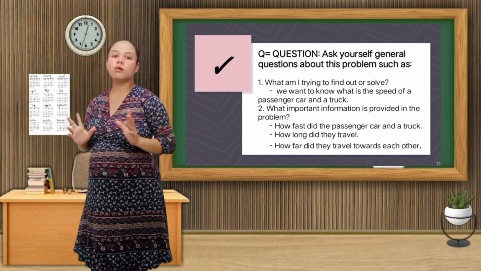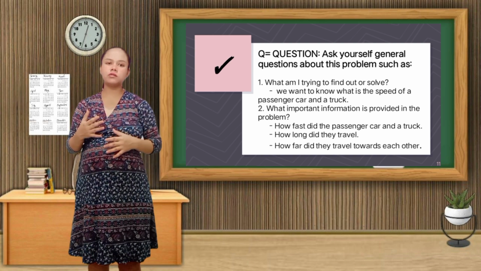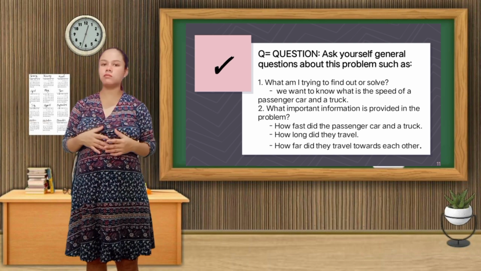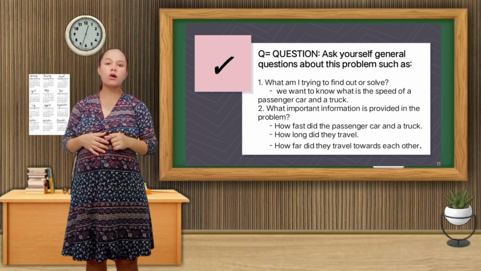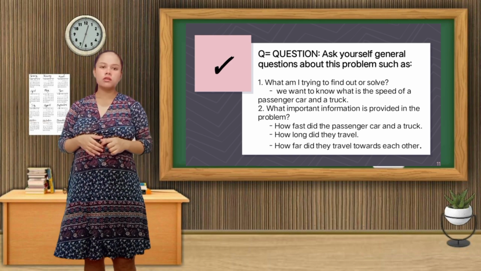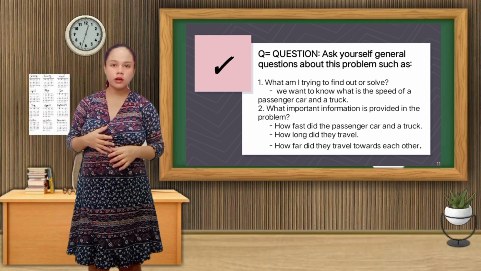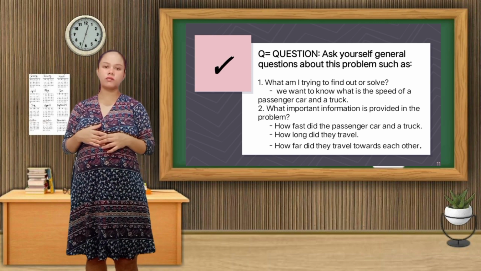Next step is question. Ask yourself general questions about this problem, such as first, what I am trying to find out. So we want to know what is the speed of a passenger car and a truck.